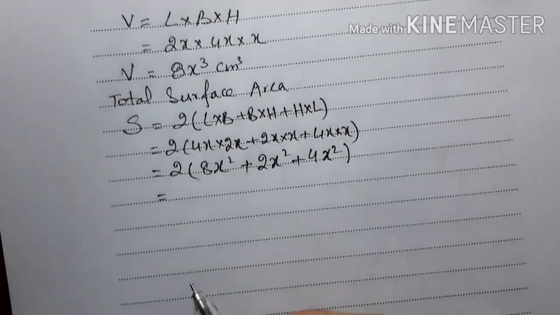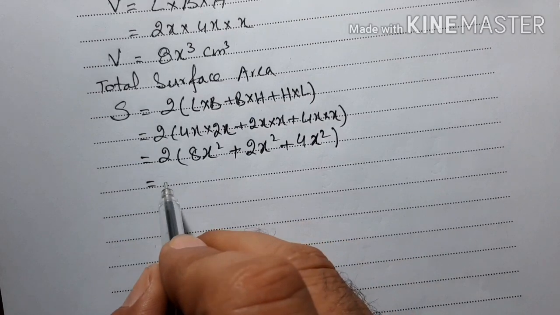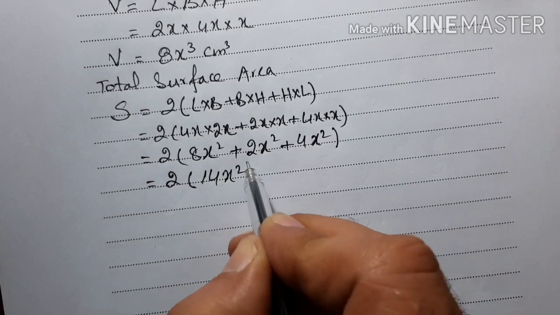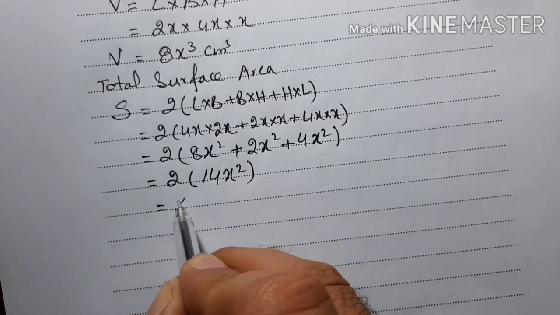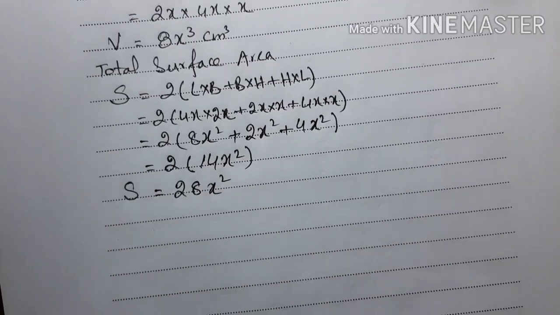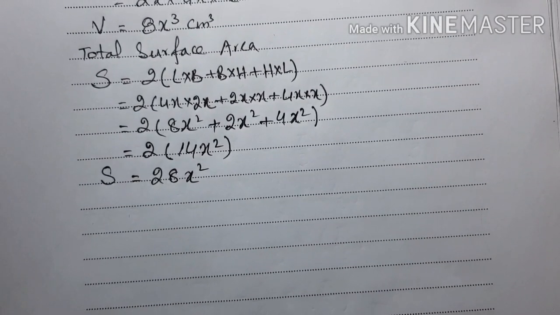So this will be 2 into 14x square, which is 28x square. This is the total surface area of the cuboid.